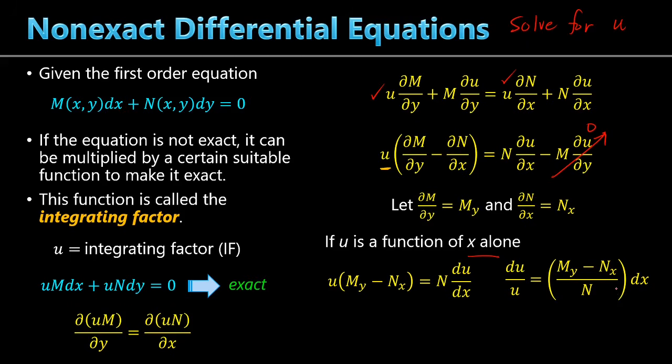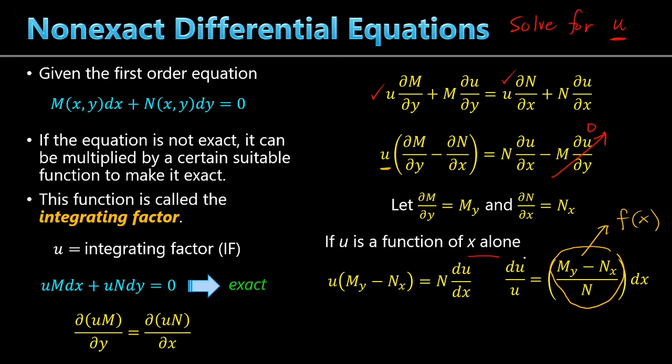So, remember, we are trying to solve for u. Kaya, ang gawin mo, i-integrate mo yan both sides. So, if we integrate this, we will get ln of u. Para naman hindi mahaba yung isusulat ko pag nag-integrate ako, since this is a function of x alone, I can simply refer to this entire term, itong buong my minus nx over n na ito, gawin ko na lang siyang simply as f of x para madali siyang isulat.